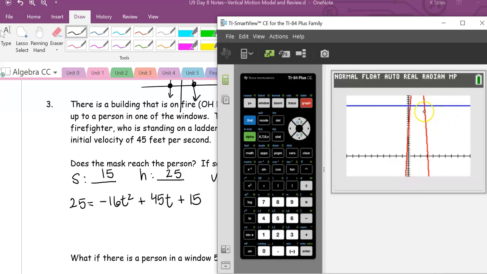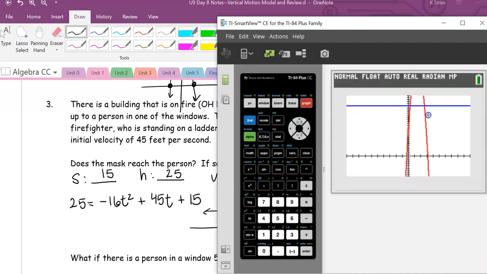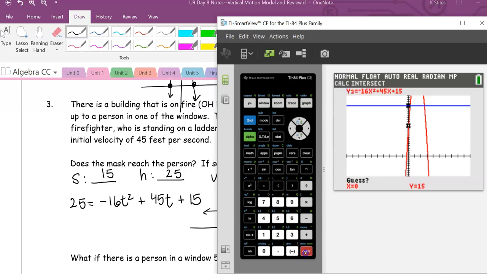And we can see that the mask, which is the red curve, does intersect that blue line. So that means that our mask does reach the window. And it actually hits it in two different places. That means there are two different times that we can catch that mask. So we are going to have to find both intersection points because there are two positive ones.